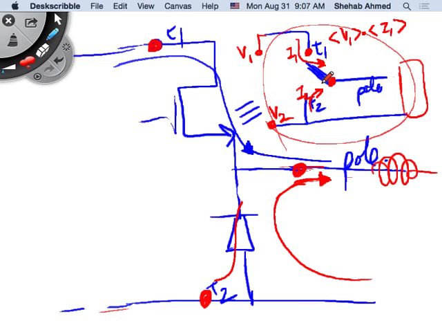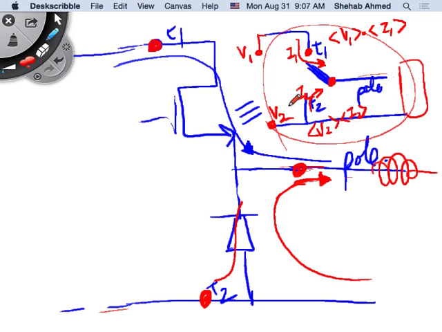How about if this switch goes and connects to this point here? What's the average power flowing from this throw into the pole? V2 times I2, right? And are they happening at the same time? I mean, is this power being transferred to the load at the same time this power is being transferred to the load? It's not, right?